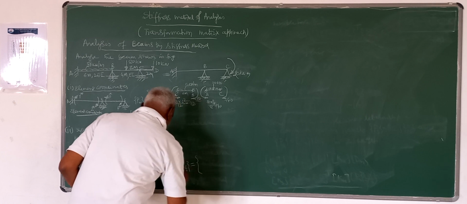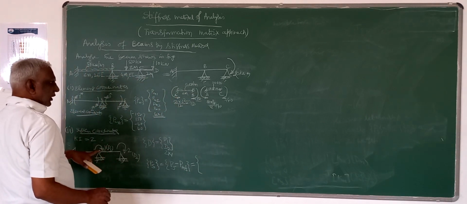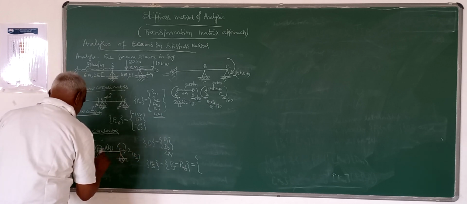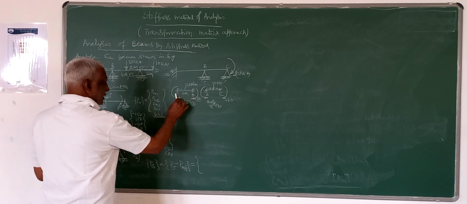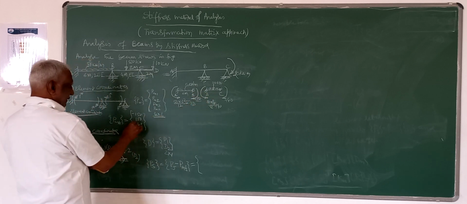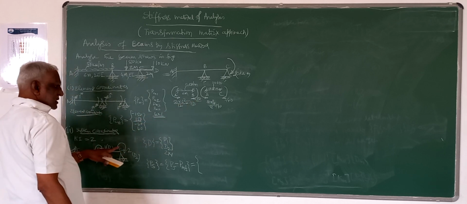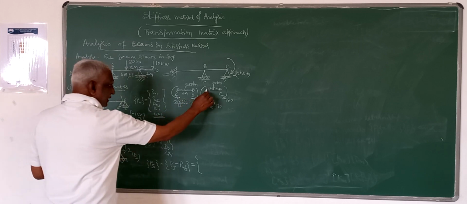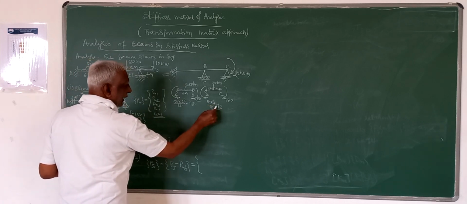So now along coordinate 1, the equivalent joint load will be at the joint B. This is joint C, this is joint A. At joint B, corresponding to the member AB, the load is plus 150. That's what I have taken here. And from the member BC, corresponding to this same coordinate 1, the load is minus 40.